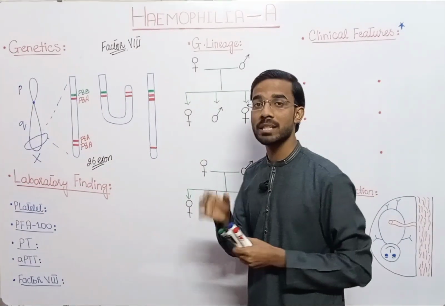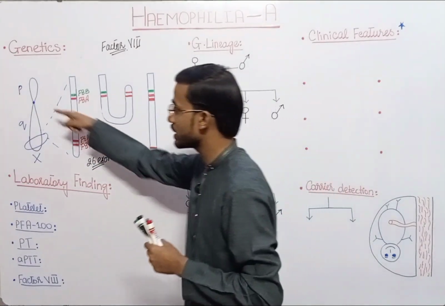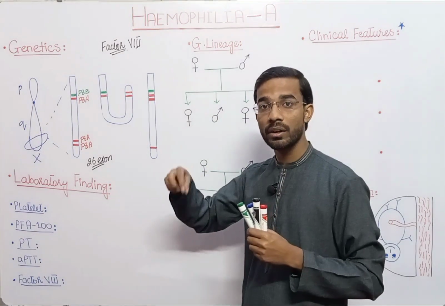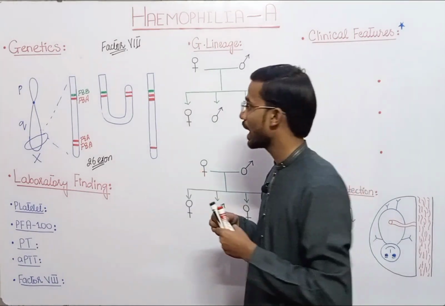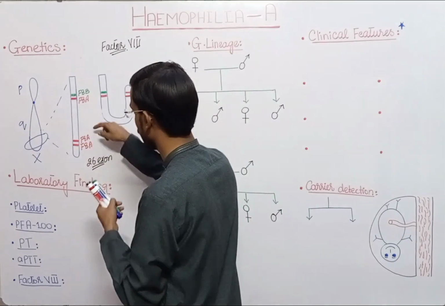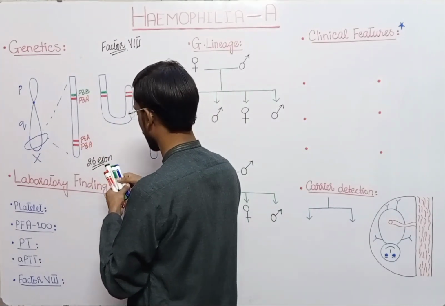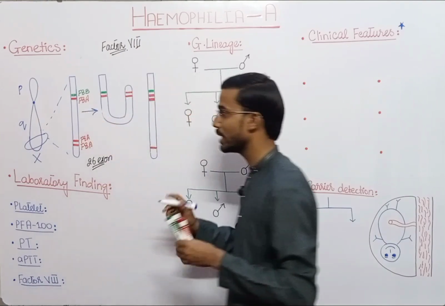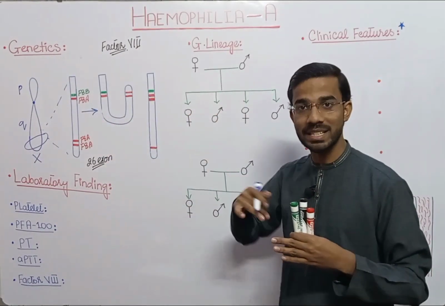But sometimes the long arm of the X chromosome will rotate or flip, turn backward, and fold around itself.